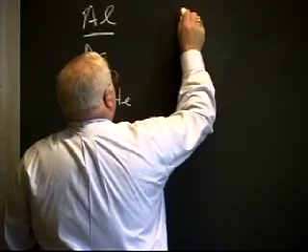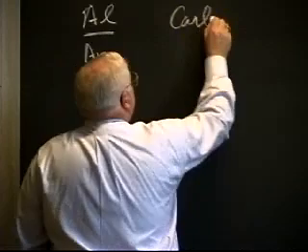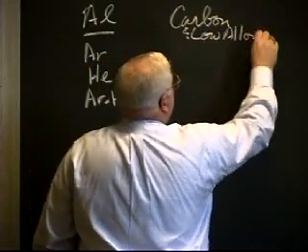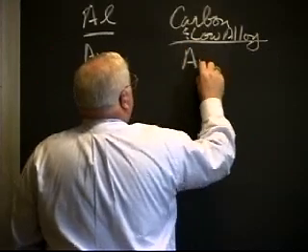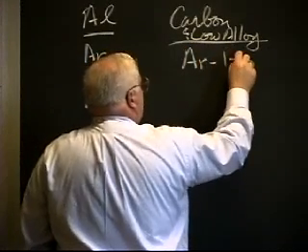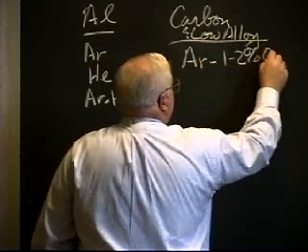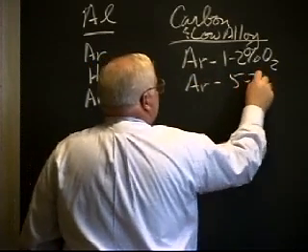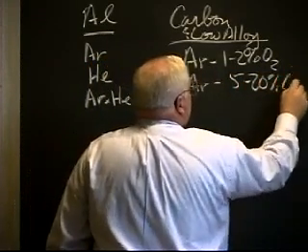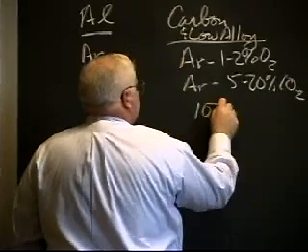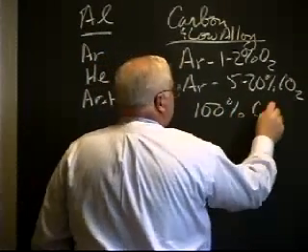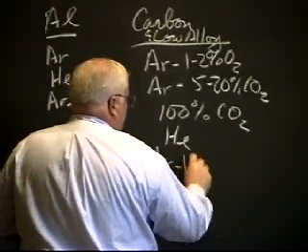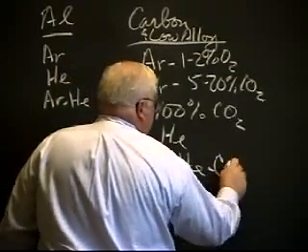For carbon and low alloy steel, which is most of the metals, I use something like argon with 1 to 2% oxygen, or argon with 5 to 20% CO2, or 100% CO2, or helium, or mixtures of argon, helium, CO2.